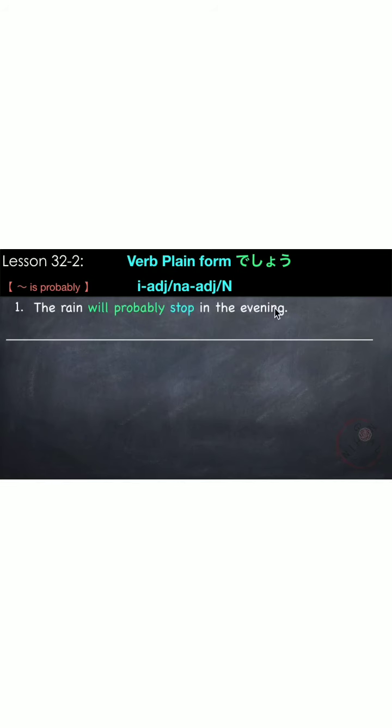So to use this, we take the verb and change it to plain form, and then followed by desho. For adjectives, na adjectives, and nouns, they remain as is, and then you just attach desho after. For example, the rain will probably stop in the evening.